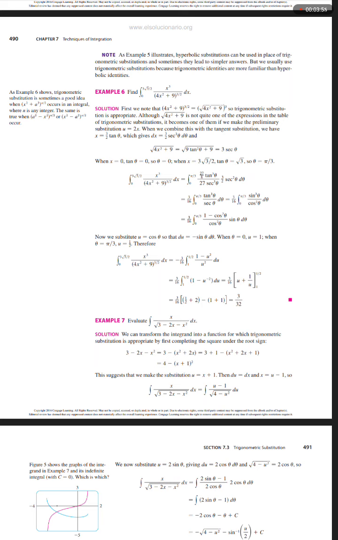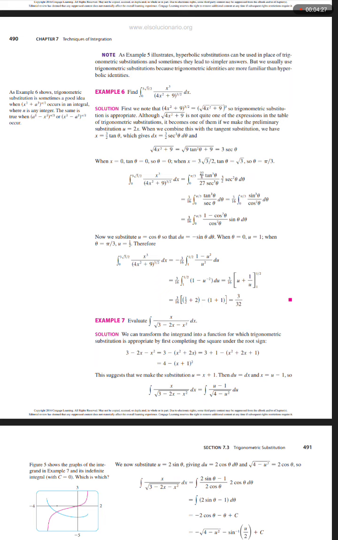Equals 3 over 16 times the integral from 0 to pi over 3 of sine cubed theta over cosine squared theta d theta, equals 3 over 16 times the integral from 0 to pi over 3 of (1 minus cosine squared theta) over cosine squared theta times sine theta d theta.